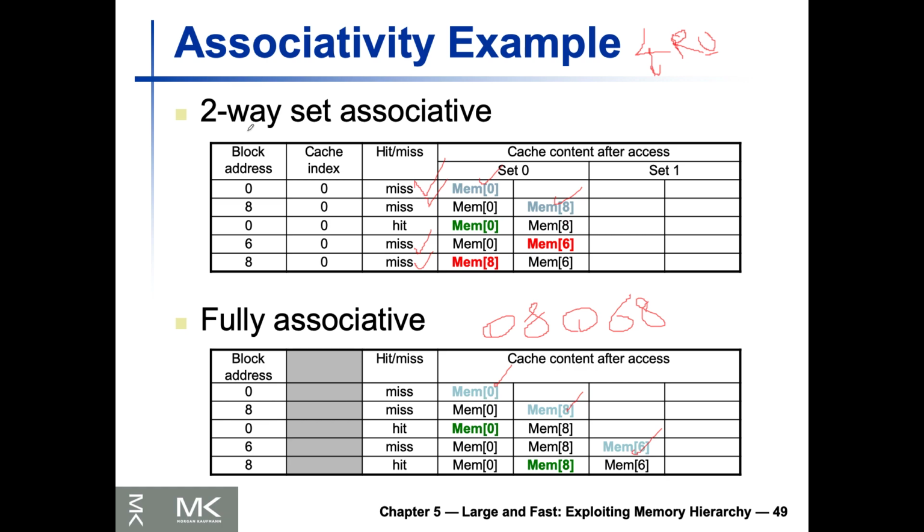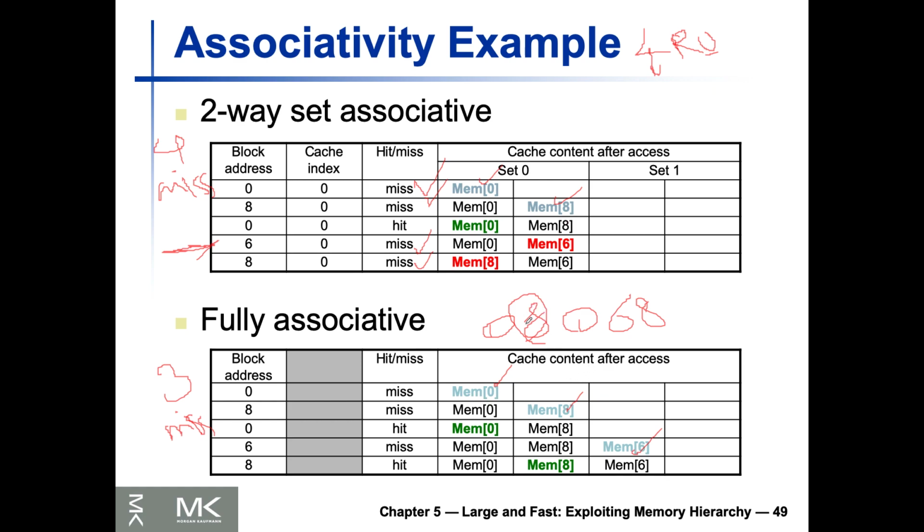For two-way set associative, we had 4 misses, while this one was 3 misses. Looking at the block address and the cache index, when block 6 was referenced, it replaced block 8, because before that 8 was there.